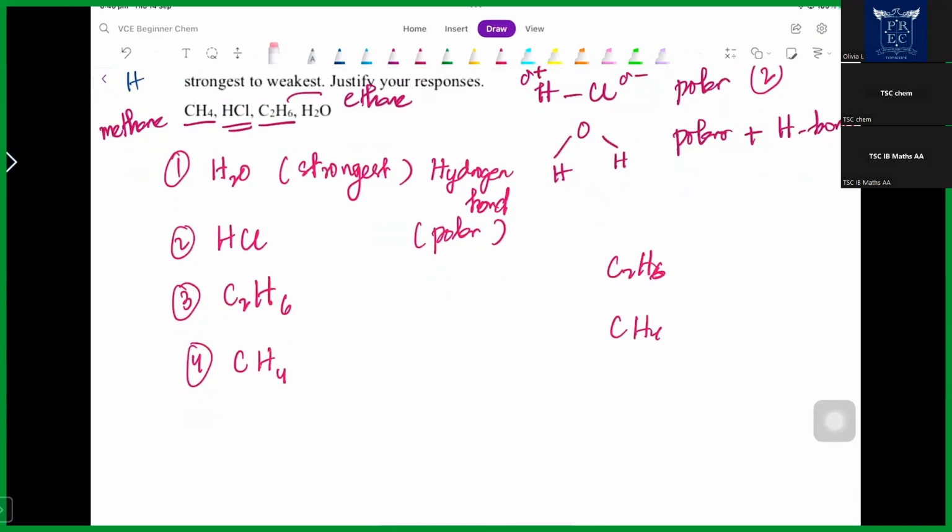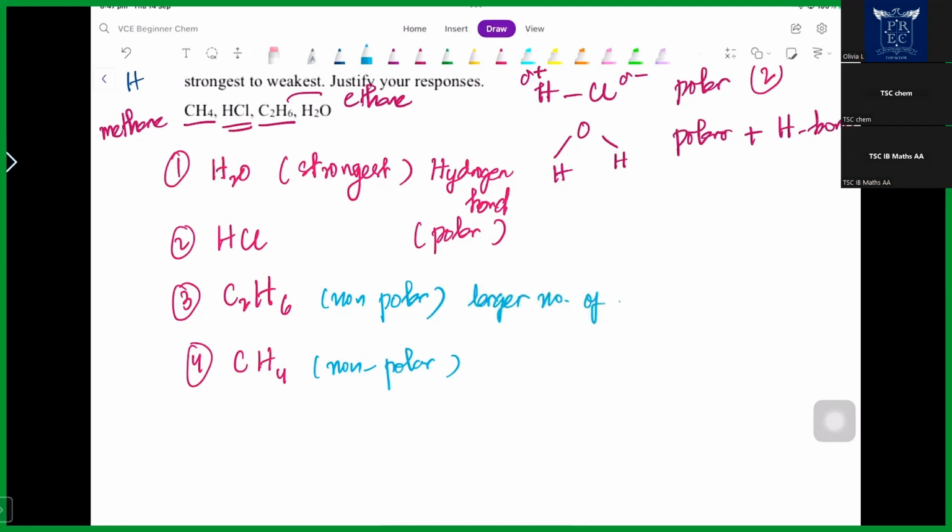So this is non-polar, this one also non-polar. When you're comparing non-polar molecules, the one with a larger number of electrons, because more electrons make it easier to have a dipole, okay? So this one has a larger number of electrons, so it has a stronger dispersion force.